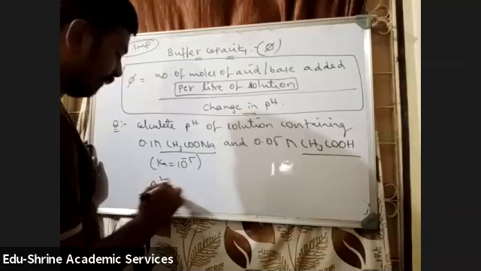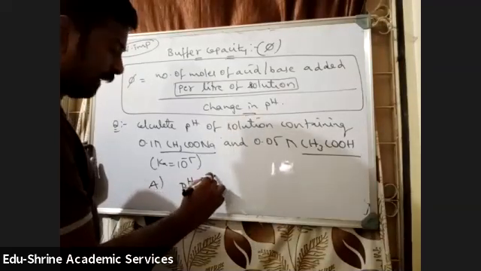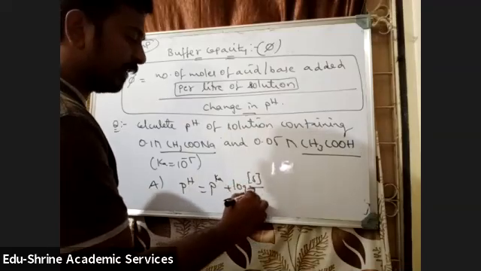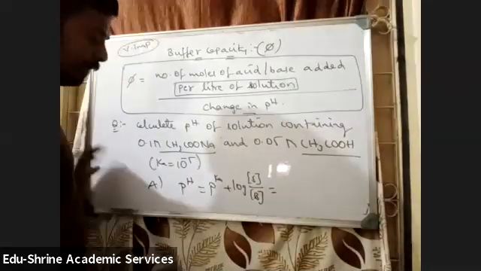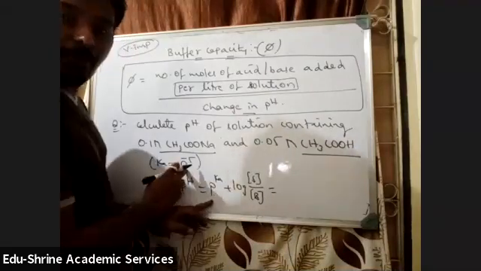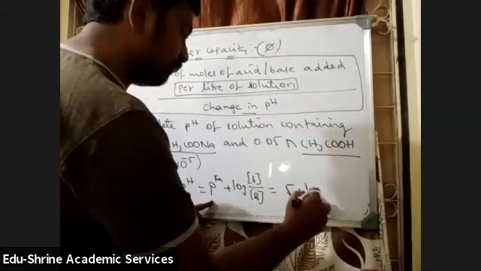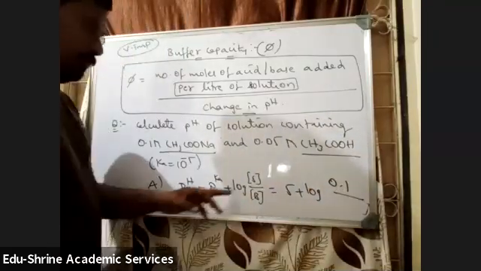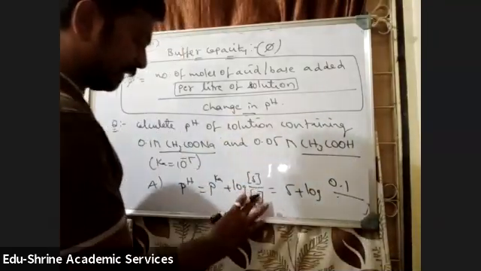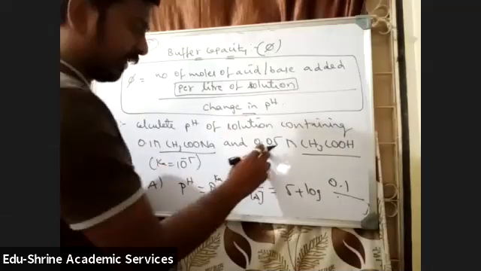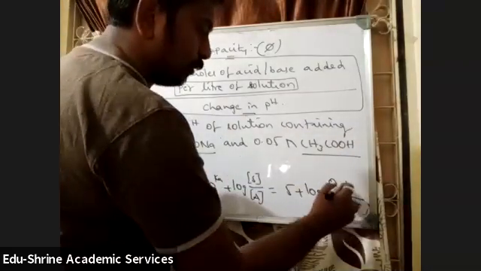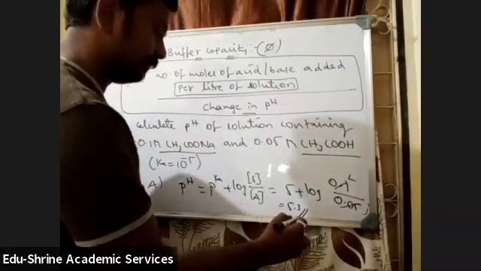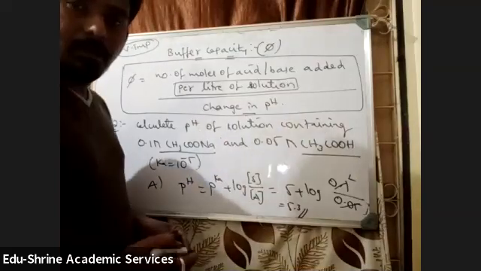So this is an acidic buffer. pH will be equal to pKa plus log of salt concentration by acid concentration. Ka value is 10 power minus 5, so pKa is 5, plus log of 0.1 by 0.05, which is 2 times, so 5 plus 0.3, that is 5.3.